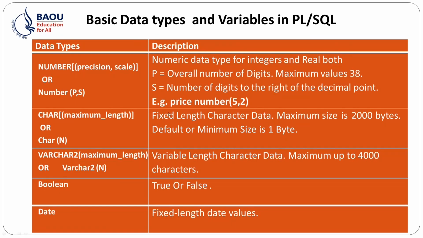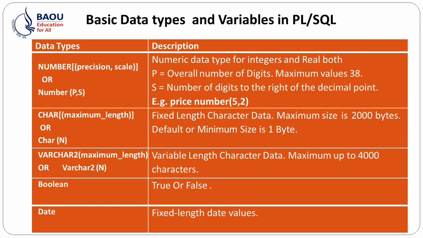For example, price is the variable name and number is the data type. In the brackets, 5 means a total of 5 digits and 2 digits after the decimal point. The largest number we can store here is 999.99.